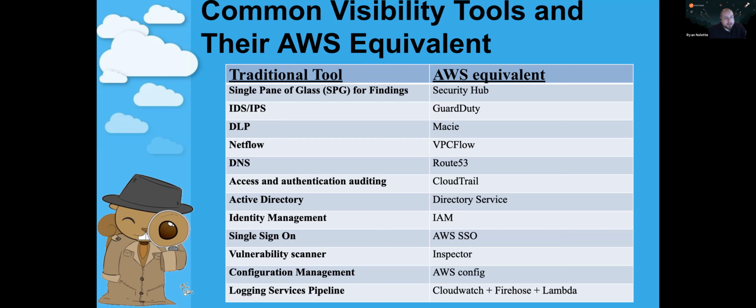If we want to have a simple net flow, we don't need to install Bro sensors on all of our instances, though I always suggest having that kind of visibility. That's nice.